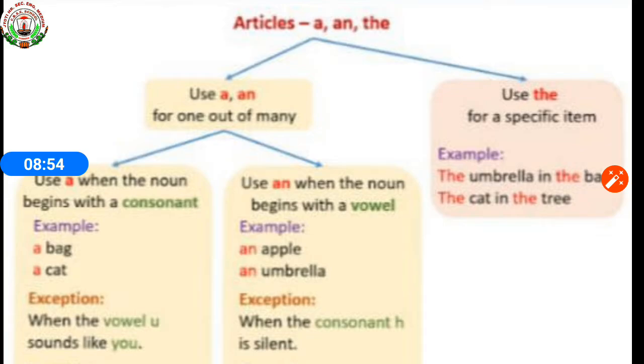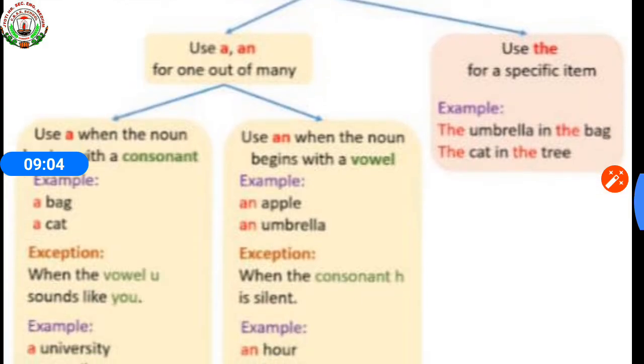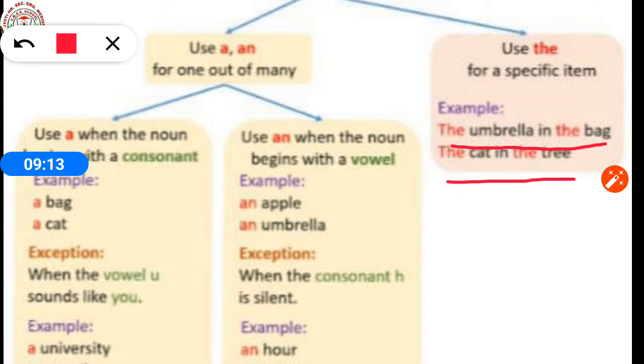Here I mean to say the is used to refer to a specific or particular member of a group. For example, the umbrella in the bag, the cat in the tree, etc.